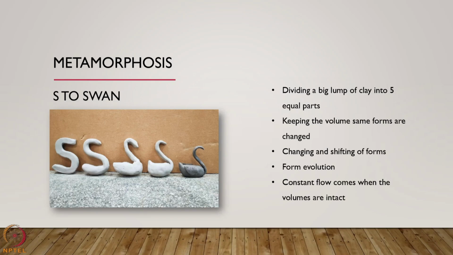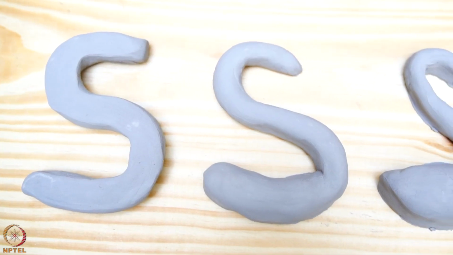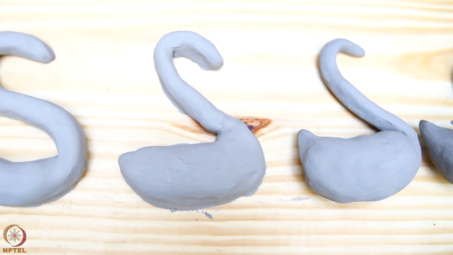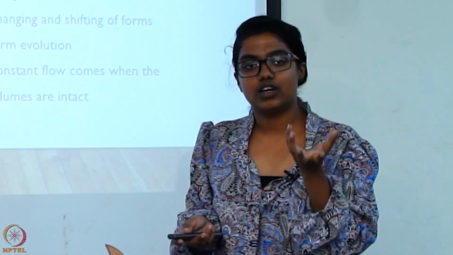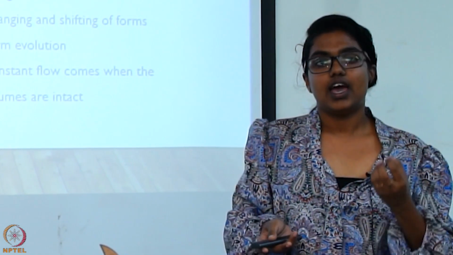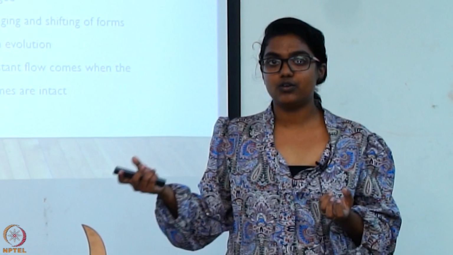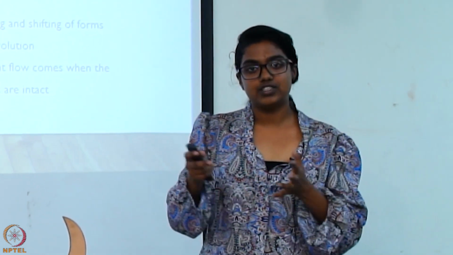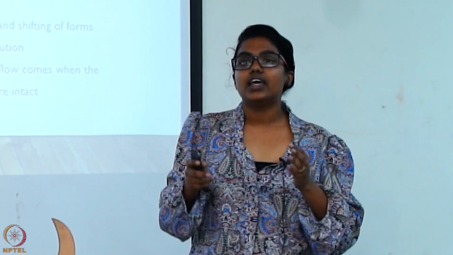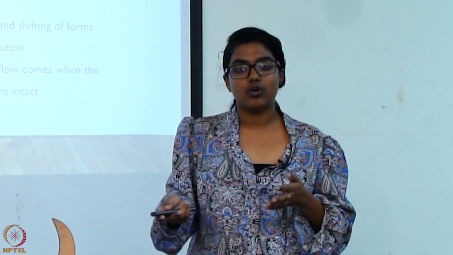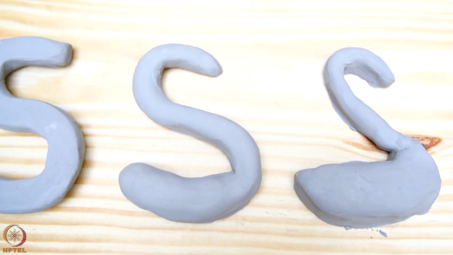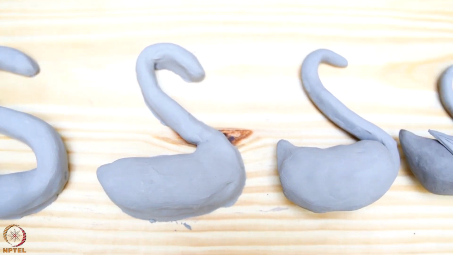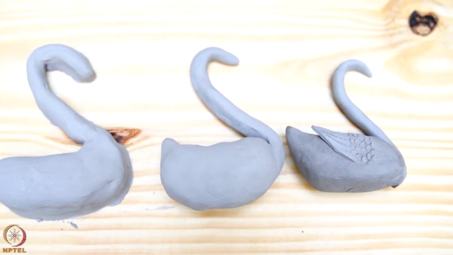So we took a letter, that is, I took S, and we converted it to an animal, that is swan. So what we did was we took a big lump of clay, and then we divided it into 5 equal parts for the 5 stages of the metamorphosis. Without reducing the volume, we kept the volume intact, and we gradually changed the form of the letter.